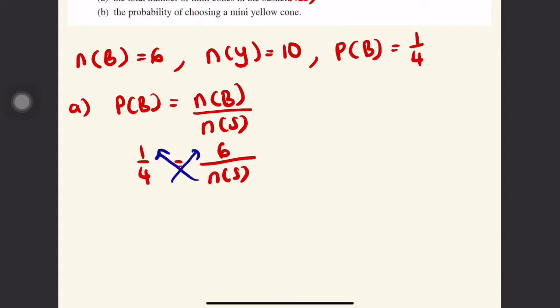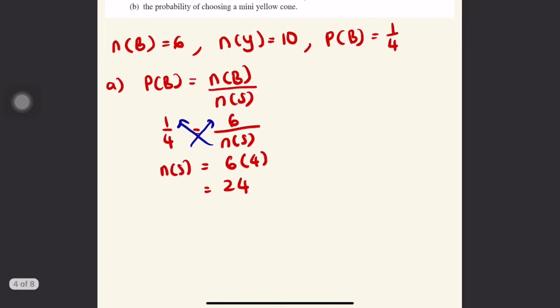So n(S) is equal to 6 times 4, which is 24. So the total number of mini cones in the basket is 24.